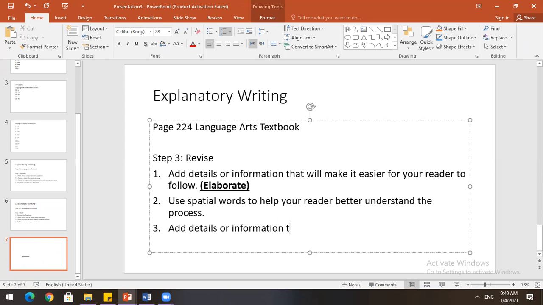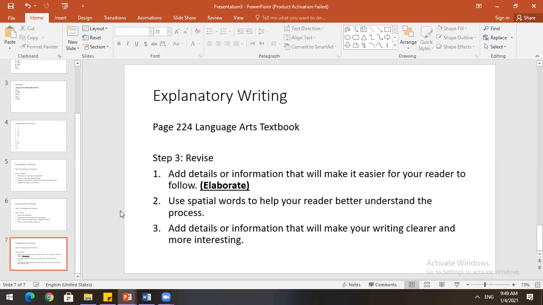Details or information that will make your writing clearer and more interesting. Okay?